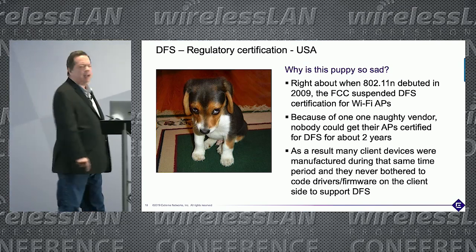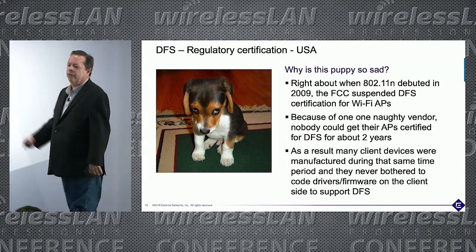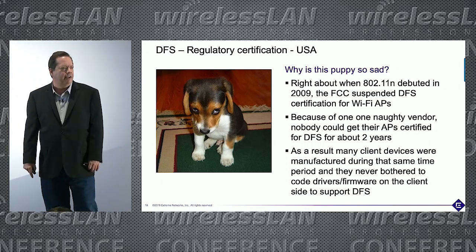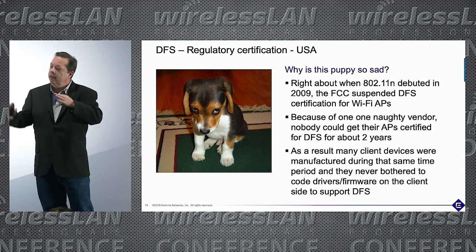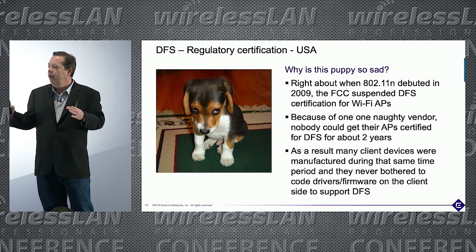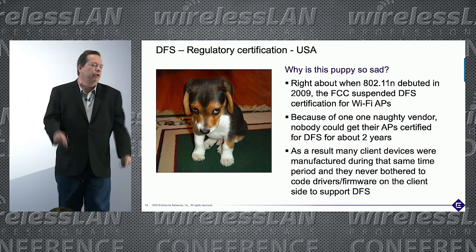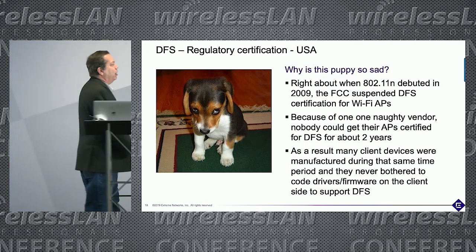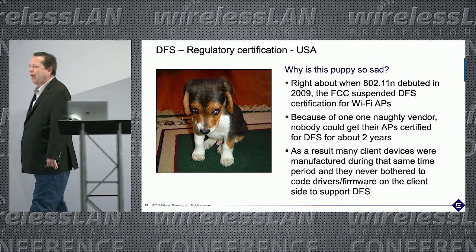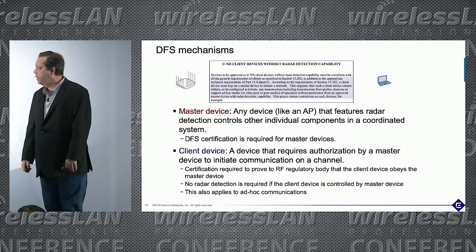Because occasionally, not very often, you might run into a very old legacy client device, 802.11a probably, or 802.11n, from that 2 year period that just doesn't work with DFS, okay? You might run into that, but it's kind of rare now. Pretty much all clients out there will respond to channel switch announcements that we're going to talk about.